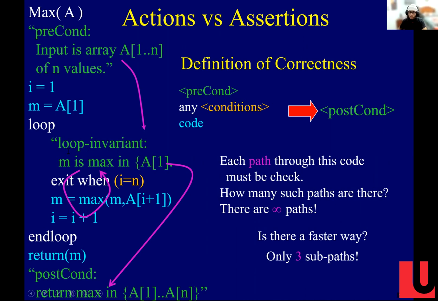Right. And the first thing you have to say: from the precondition plus this code, I have to get my loop invariant. How do I establish my loop invariant? How do I maintain the loop invariant? How do I get the post condition from my loop invariant? Those are our 3 steps. Right? Does that make sense?